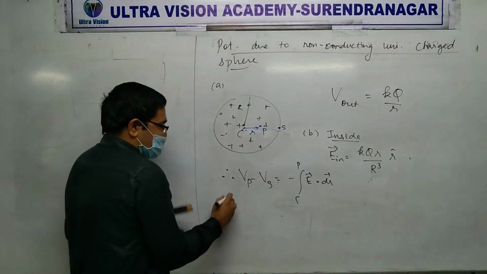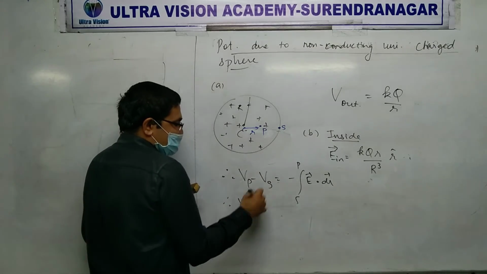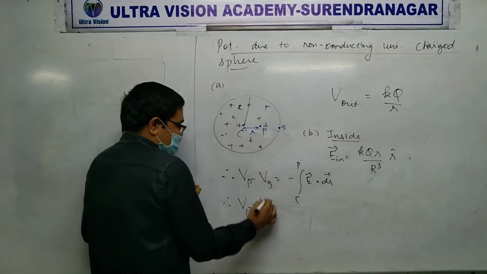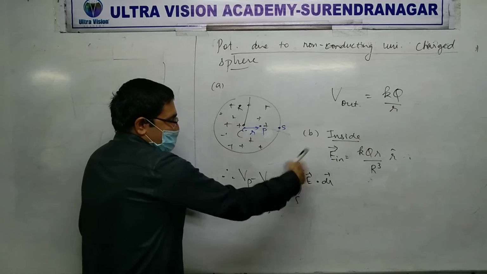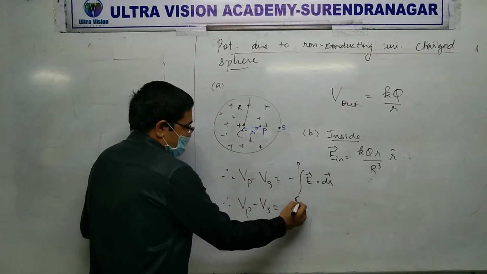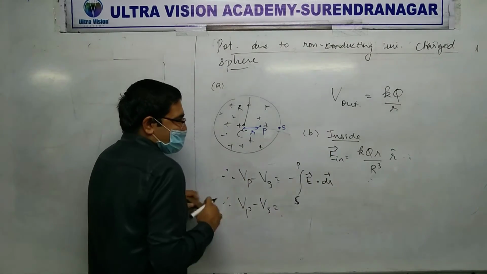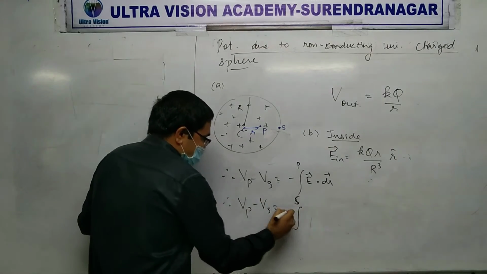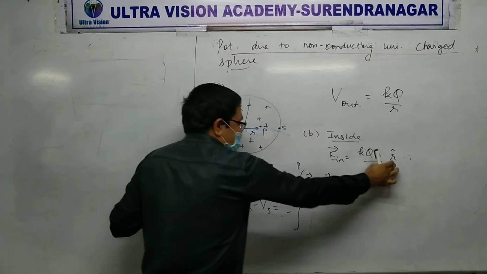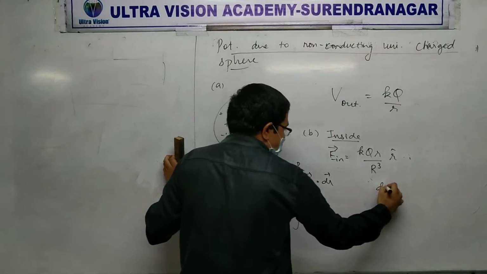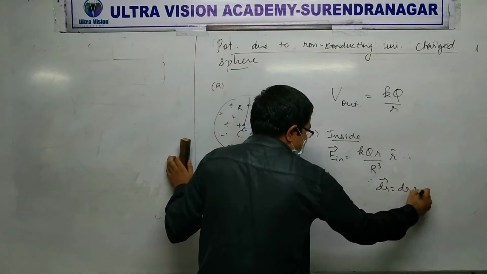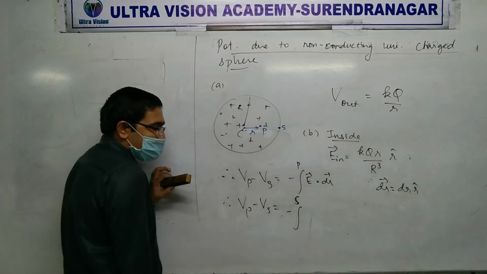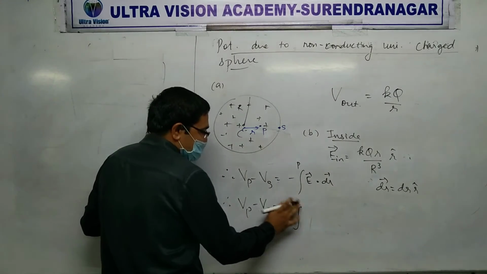Now we will put Vs later. Put the electric field formula; if you do the dot product, finally there is this minus sign, r hat dr vector. What is dr vector? Do you remember? Dr vector is dr r hat.